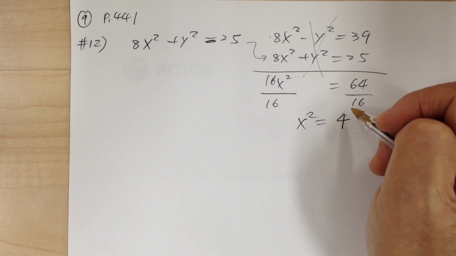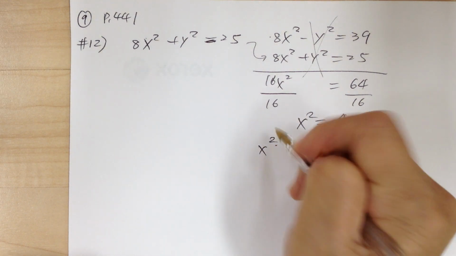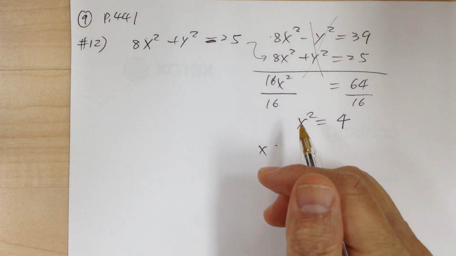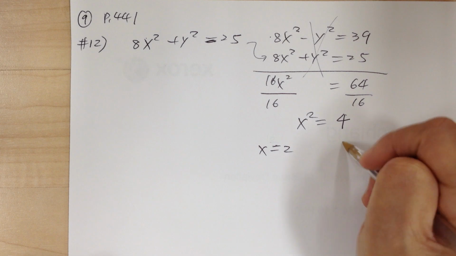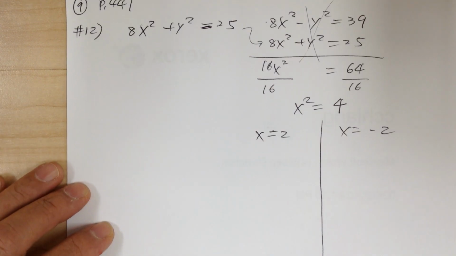And then after that, you're going to have x equal to 2 and x equal to -2. You're going to solve all that.